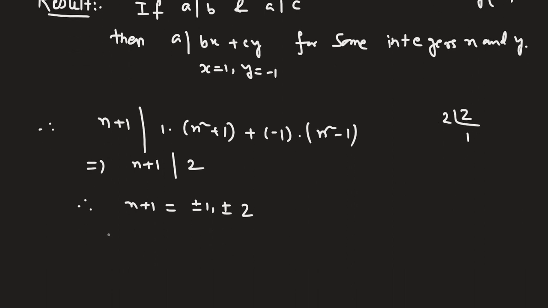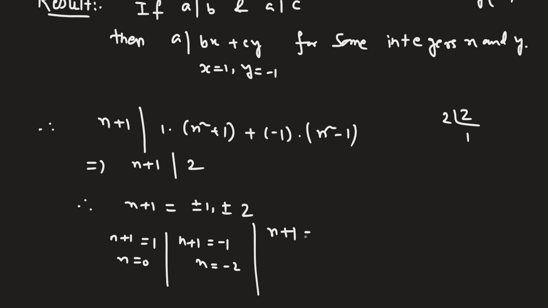So we can write n plus 1 when it is plus 1, n is 0. n plus 1 when it is minus 1, n is equal to minus 2. n plus 1 is equal to 2, then n is equal to 1. Let me check. n plus 1 equal to minus 2, then n is equal to minus 3.